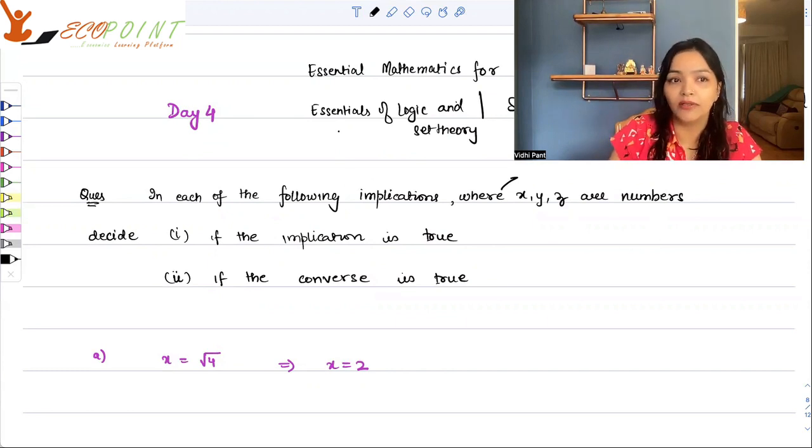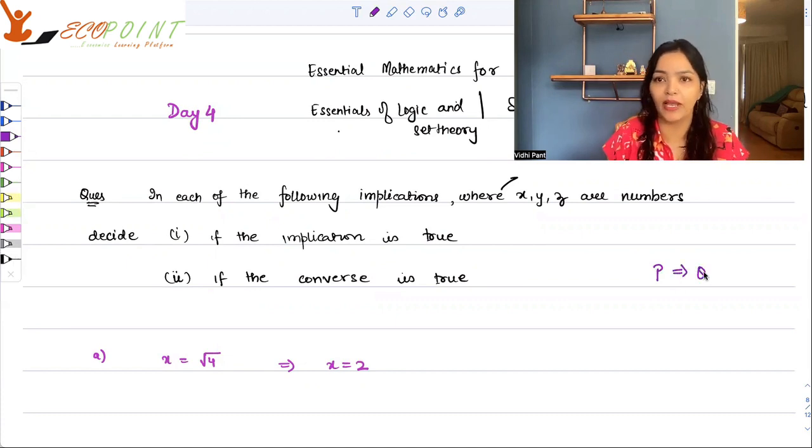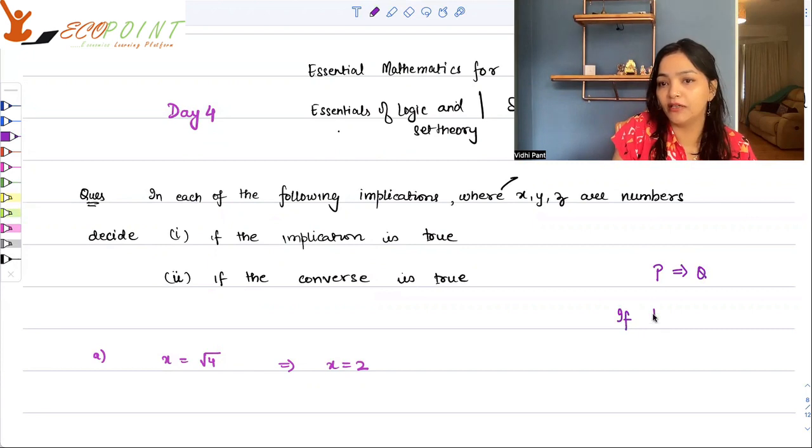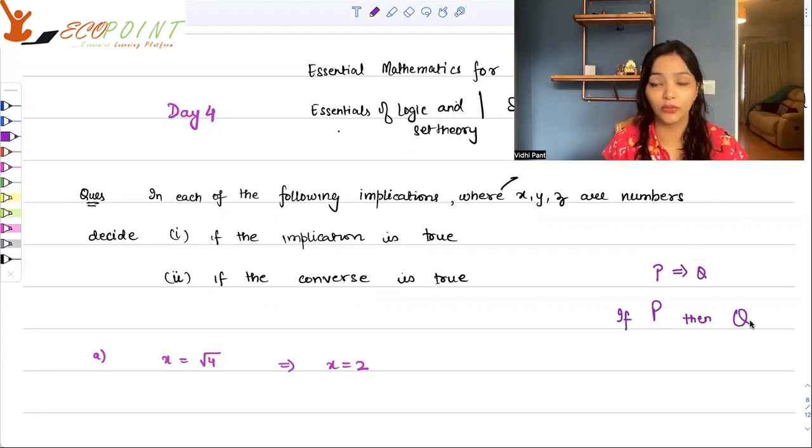Now, do you remember? I'll just give you a brief brush up here. An implication looks like P implies Q, where P and Q are two propositions, two statements that you propose. P implies Q means if P occurs, then Q occurs, which basically means that Q is necessary for the existence of P and P is sufficient for the existence of Q. When we say that the implication is true, there are certain conditions when the implications are true.